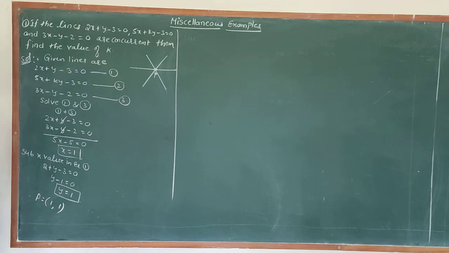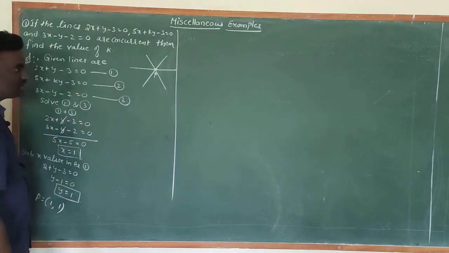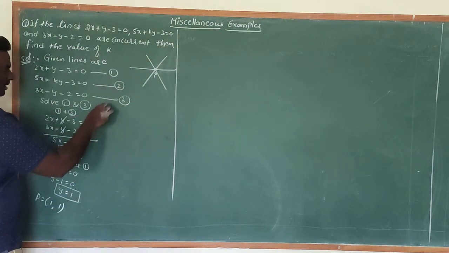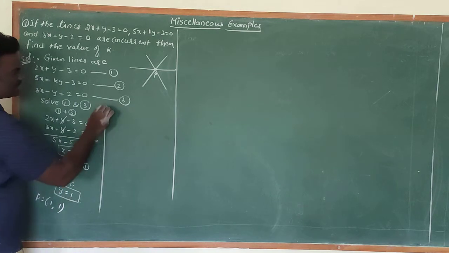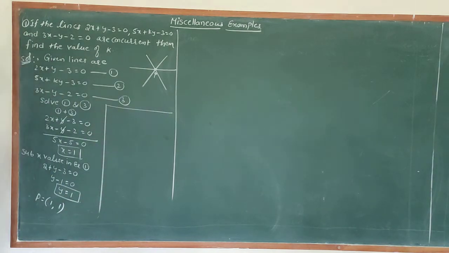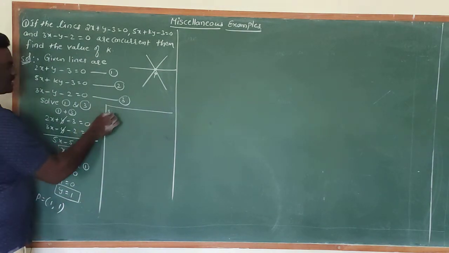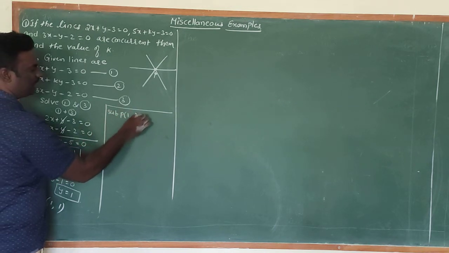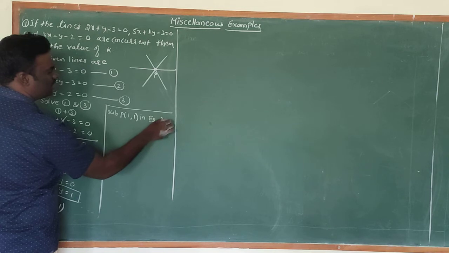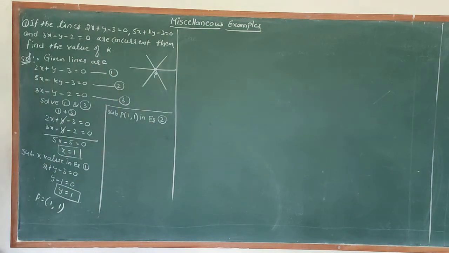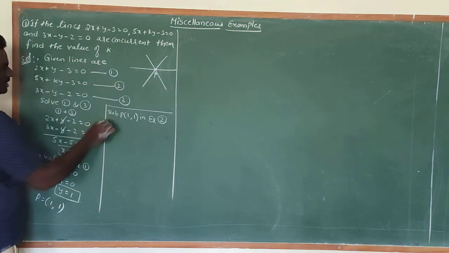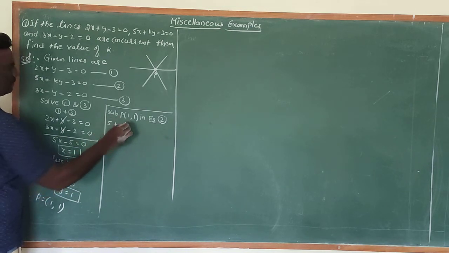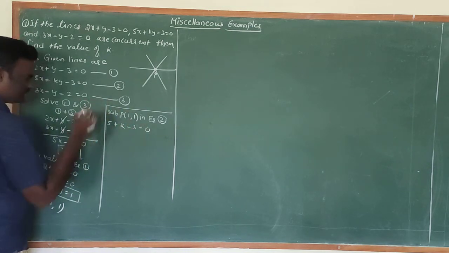Already they have given that these three are concurrent lines. P lies on the first line as well as the second line as well as the third line. That's why substitute P (1, 1) in equation 2. 5 into 1 is 5, k into 1 is k, minus 3 equals 0.